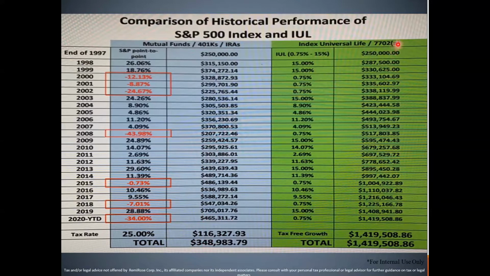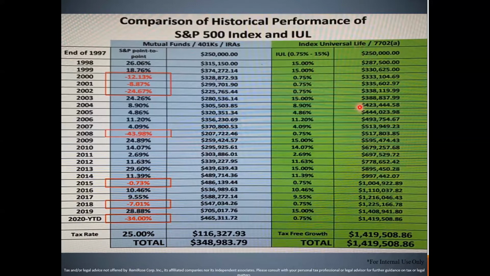And with our 7702 plan, especially when you're using the IULs, if he had followed the same amount of money in this account, he'll be going home with $1.4 million. The difference is because the negative sides of the market are not factored into your earnings, because he has a floor and a cap. And apart from that, the possibility of using the money tax-free makes it even better.